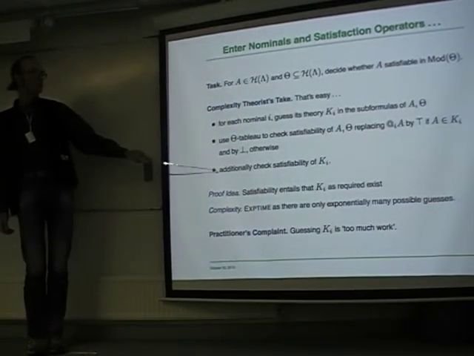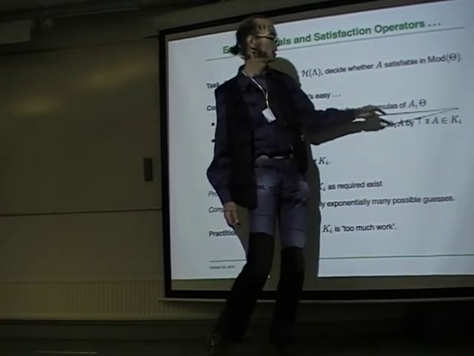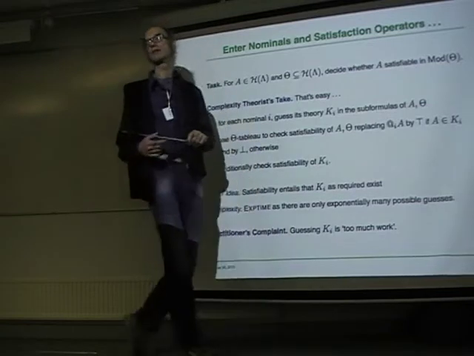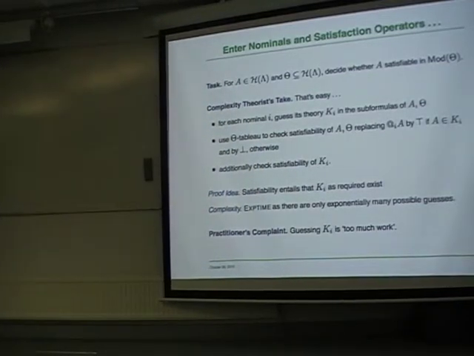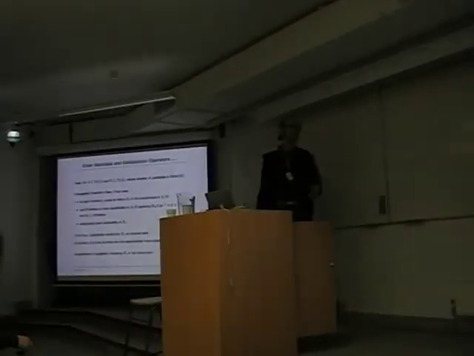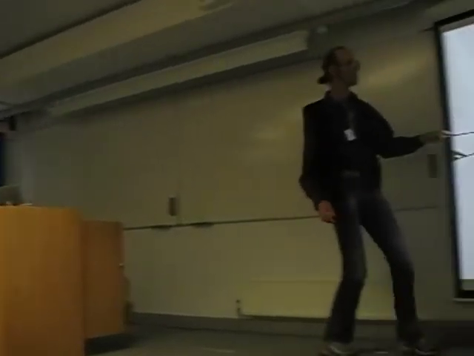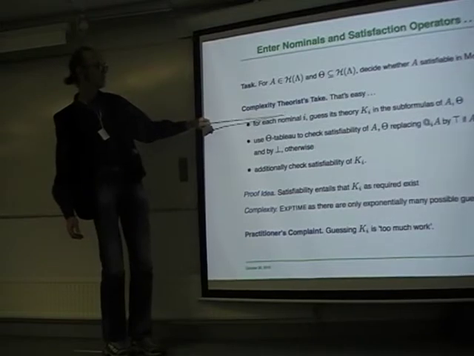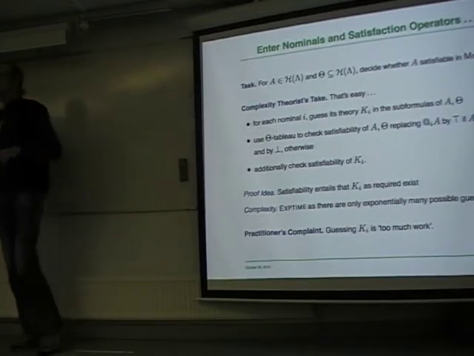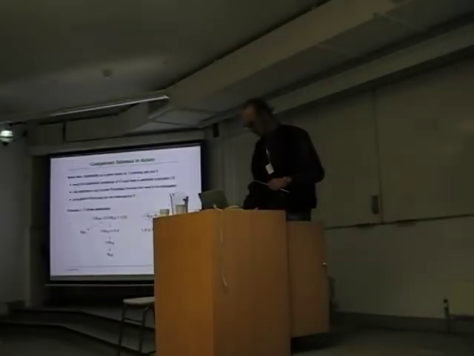And what we additionally need to do is check that our guesses, which are formulas or sets of formulas that need to be realized at individual states if we want to construct a model, are actually consistent. If you do the maths, then essentially the guessing takes only exponentially many steps. Each step can be performed in exponential time, so we still get an exponential time bound.